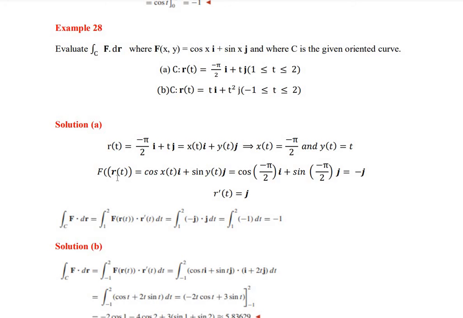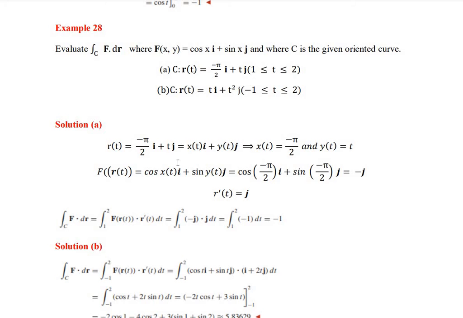So vector F of r of t, you can write as cos x i cap plus sin x j cap, where x is equal to -π/2. When you substitute x = -π/2, you will get F of vector r of t equal to -j cap. Then what is vector r dash of t?